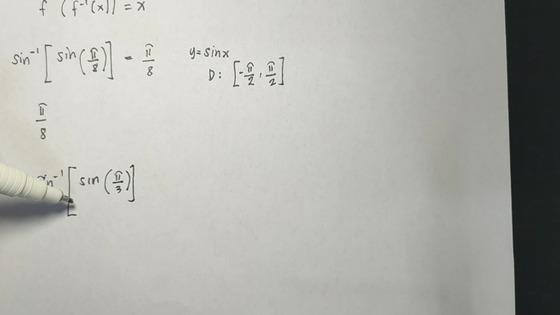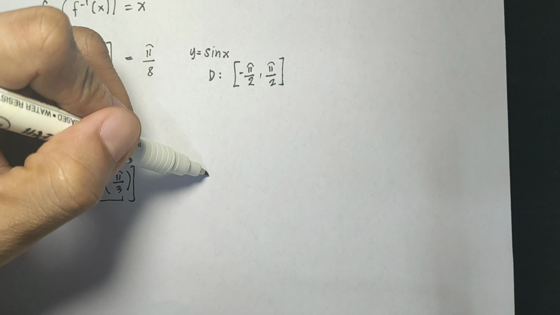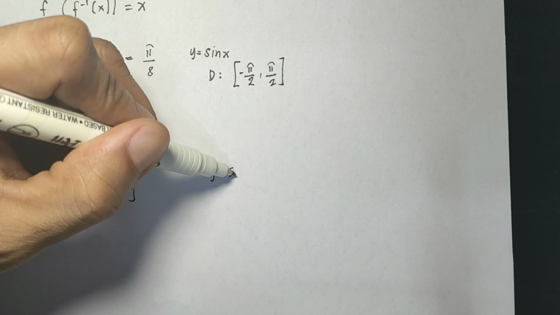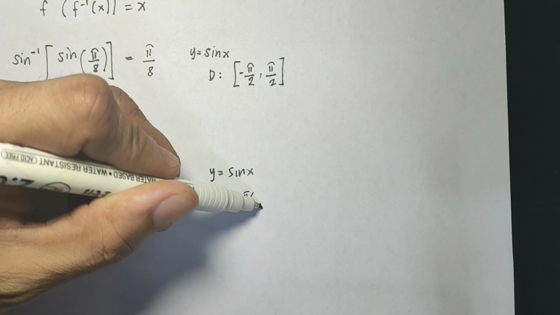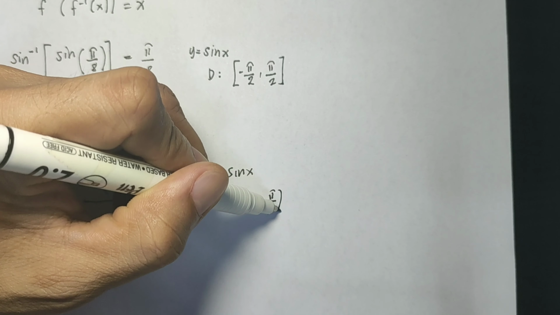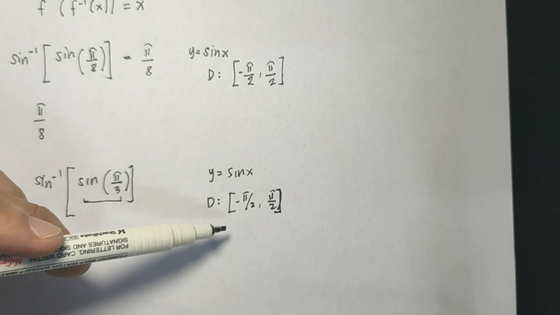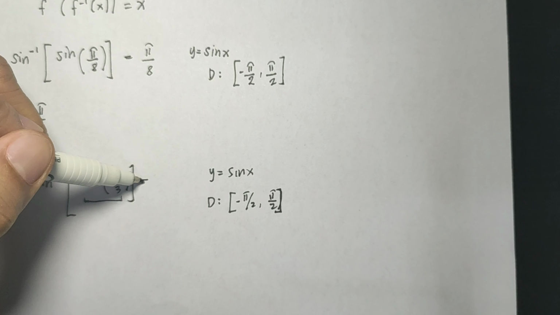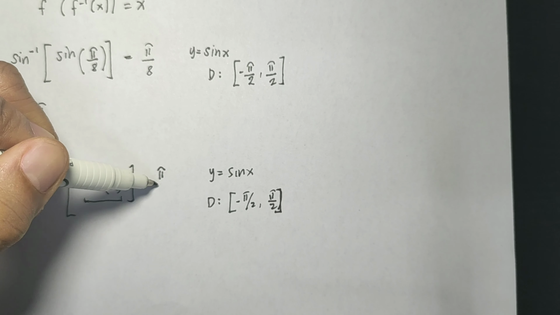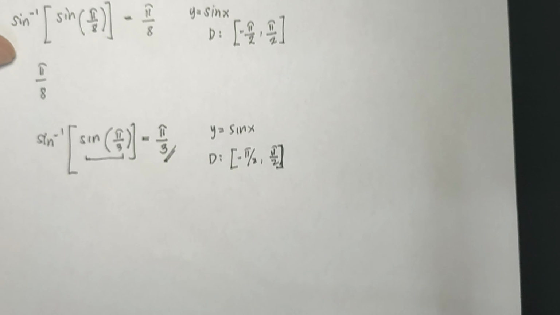Remember the domain of the function y equals sine x: its domain is from negative pi over 2 until positive pi over 2. So does pi over 3 belong to this interval? Yes. So therefore, we can say that this is equal to pi over 3.